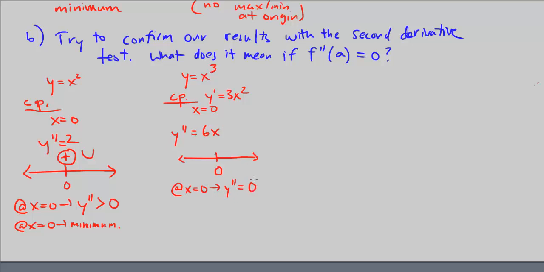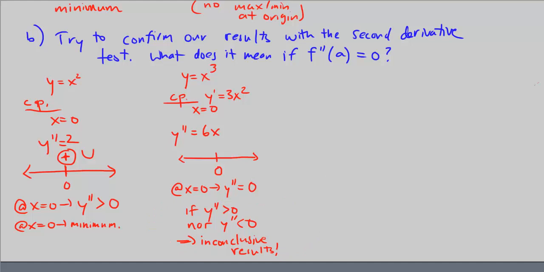And what does that tell us? The second derivative is 0 at the origin, but this doesn't tell us anything. If y double prime is not positive nor negative, then we have inconclusive results. This means we don't know.